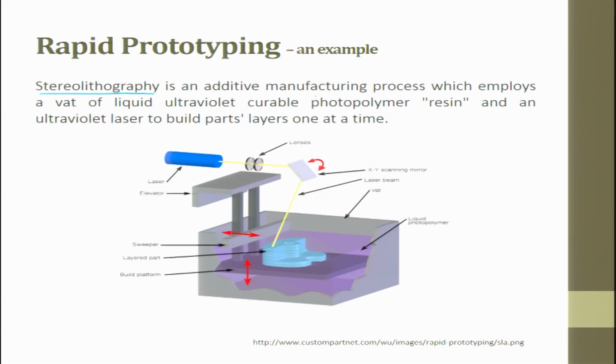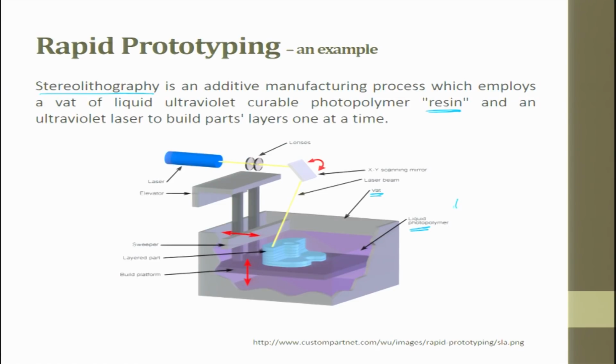So, stereolithography is an additive manufacturing process which employs a vat. The entire box which is there is called the vat, which holds liquid ultraviolet curable photopolymer. This polymer, otherwise called resin, is placed in a tank called a vat, and a UV laser is used to build the part layer by layer, one at a time.